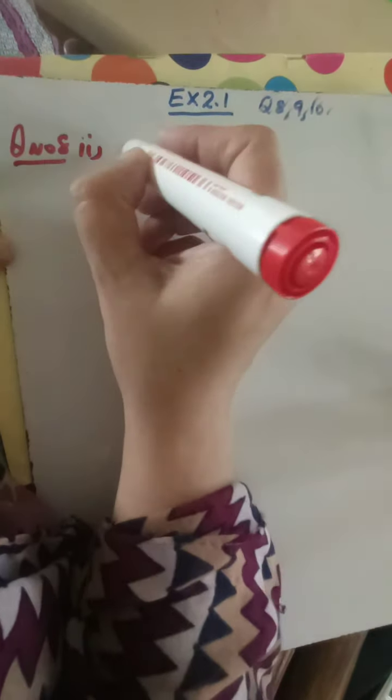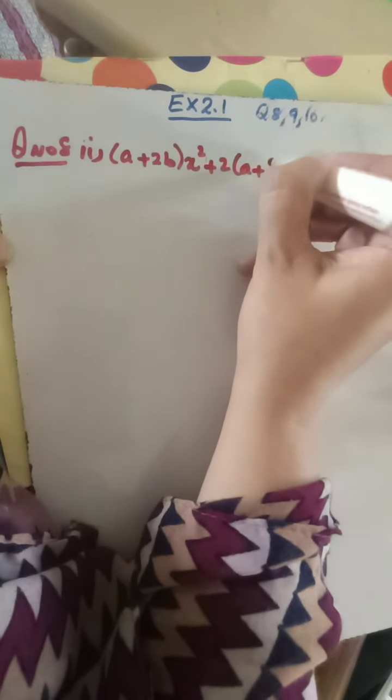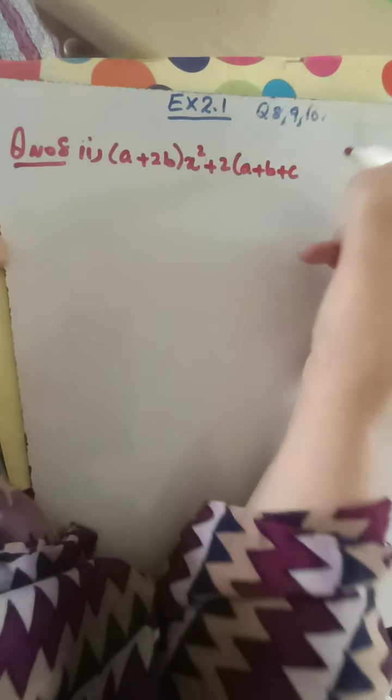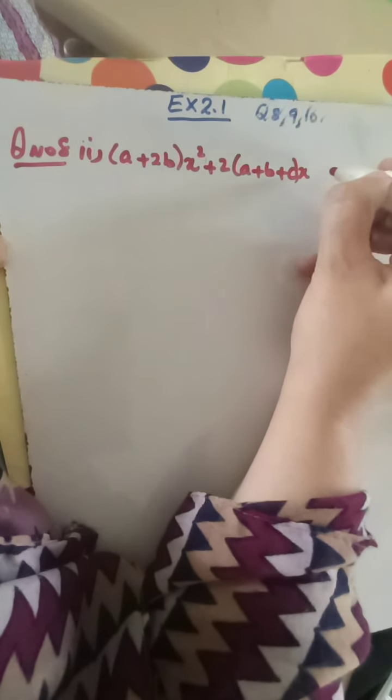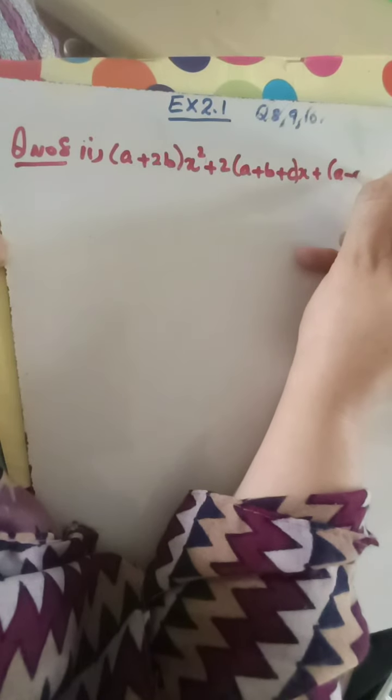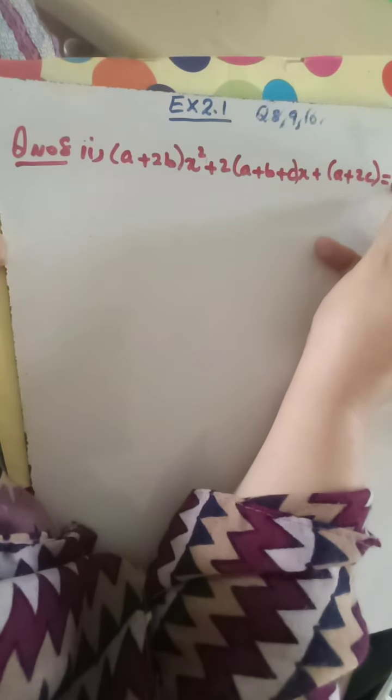the roots of the equation which is given to us. The equation is question number 8 part 2. The equation is (a + 2b) x square plus 2(a + b + c) x plus (a + 2c) equals 0.